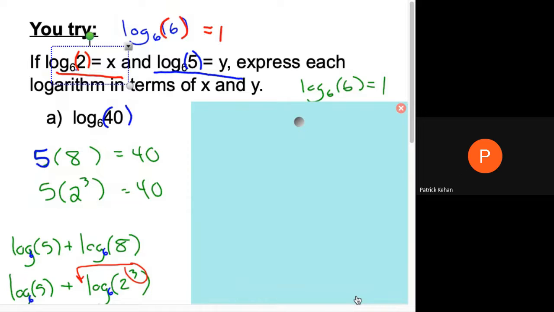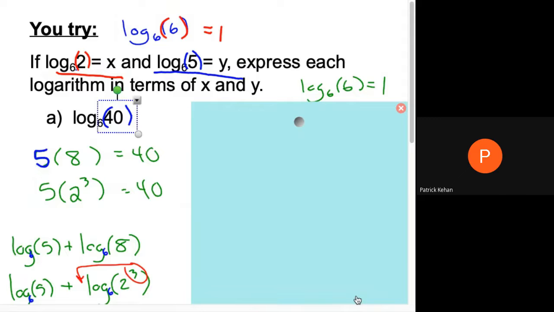So now that we've established a relationship between the given log expressions here and the argument right here, 40, or the factors of 40 for that matter, we can start decomposing or expanding log base 6 of 40. It's a little bit more difficult in this case because you don't actually see a product of 2 numbers as you did in the previous 2 lessons.